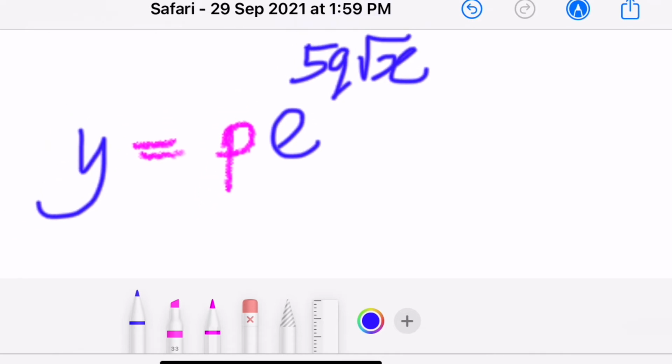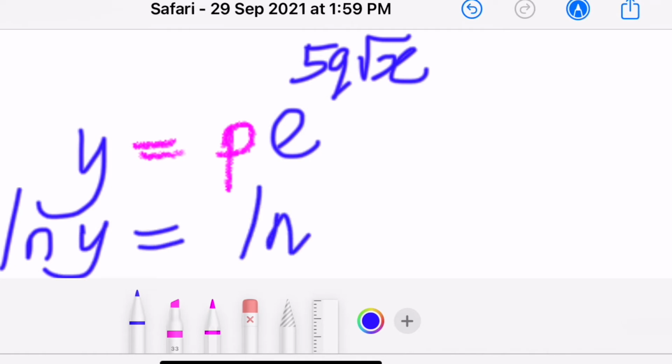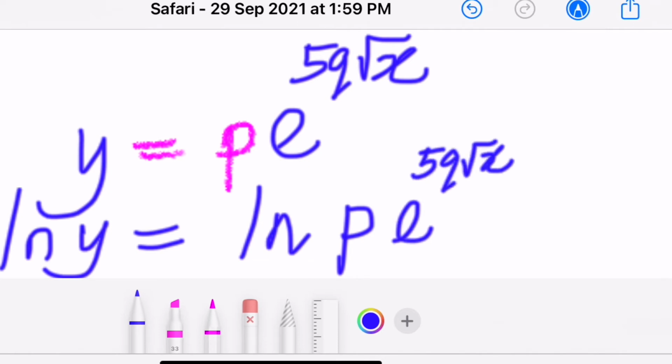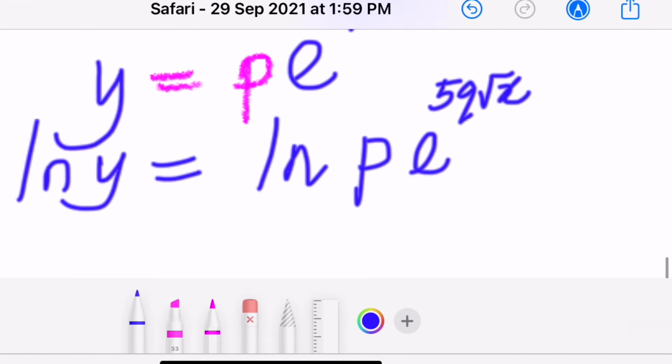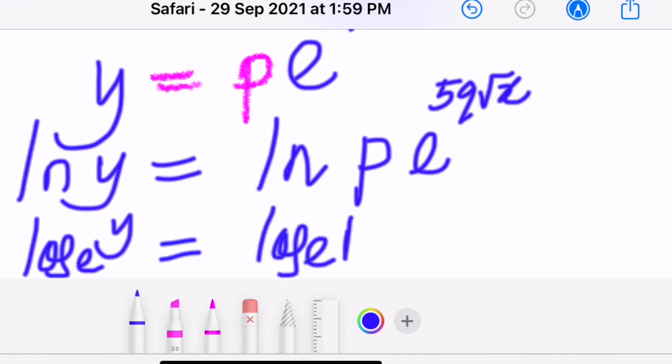So first of all, because we have ln y, we take ln. ln means log with the base e. You can write it like this: log e y equals log e p times e to the power 5q square root x.